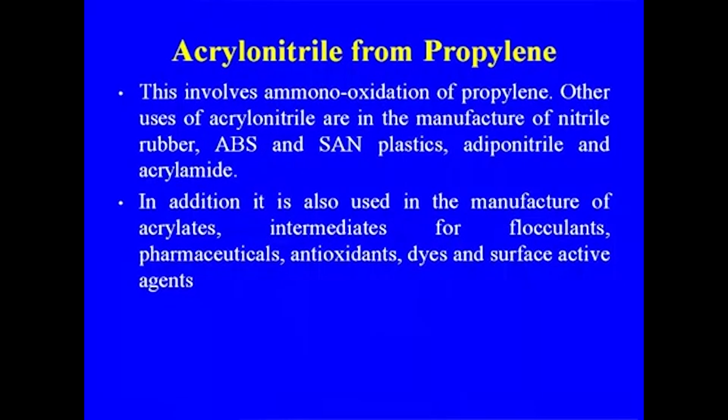This is one of the important outlets for the acrylonitrile. In addition to it, it is also used in the manufacture of acrylates, intermediates for flocculants, pharmaceuticals, antioxidants, dyes, and surface active agents.